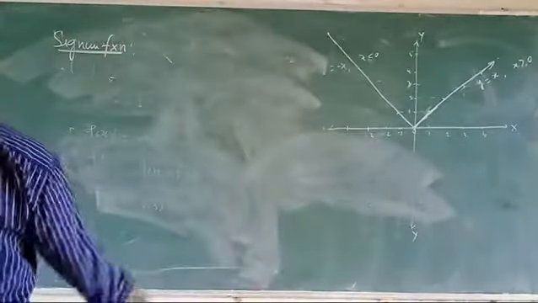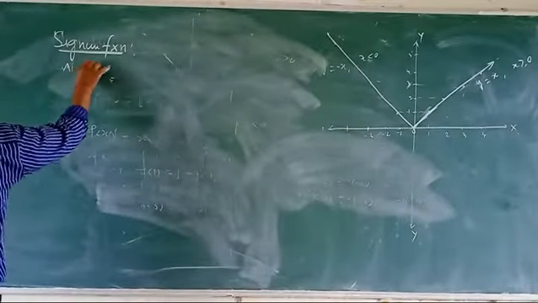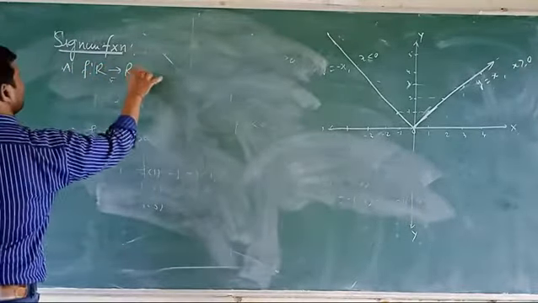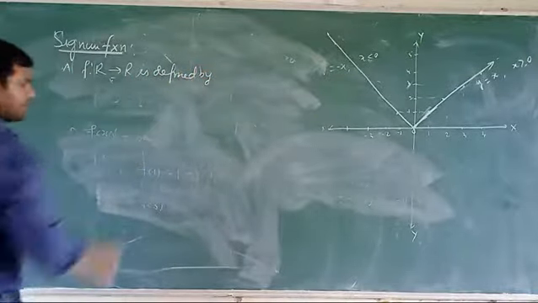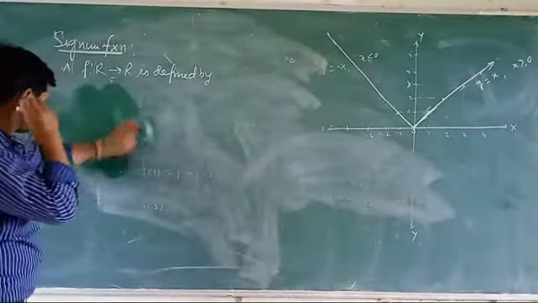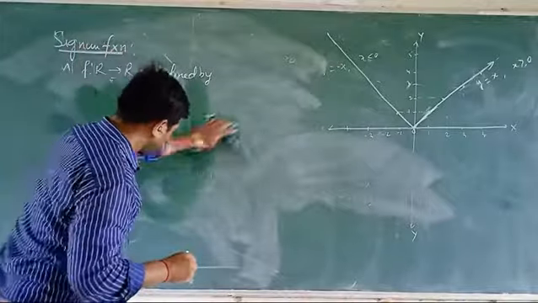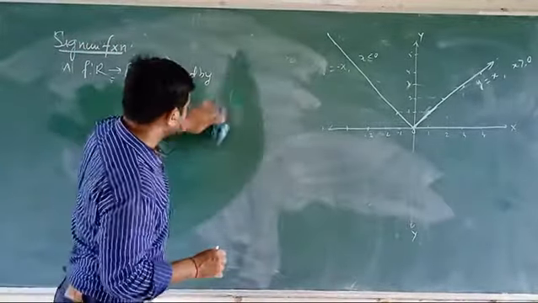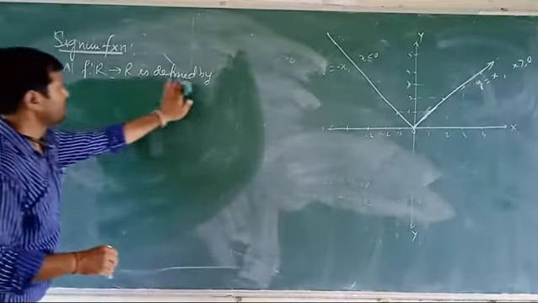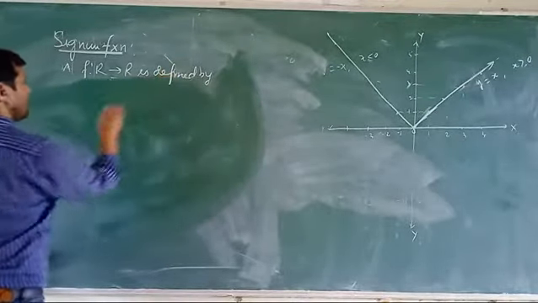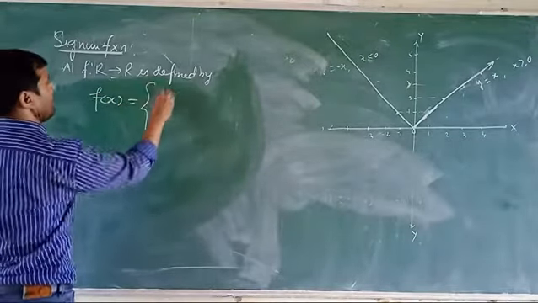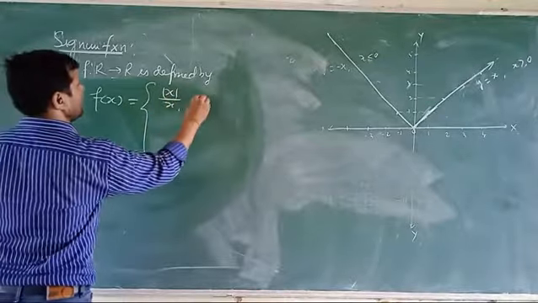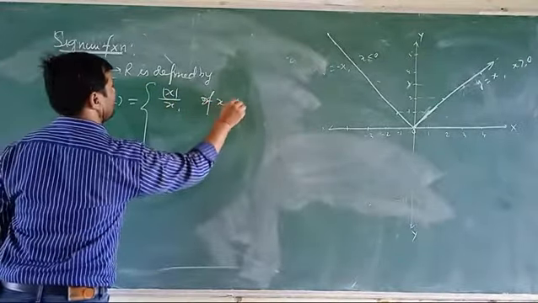A function f from R to R is defined by f of x is equal to mod of x upon x if x is not equal to 0.